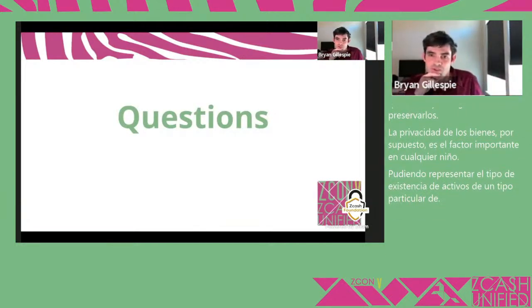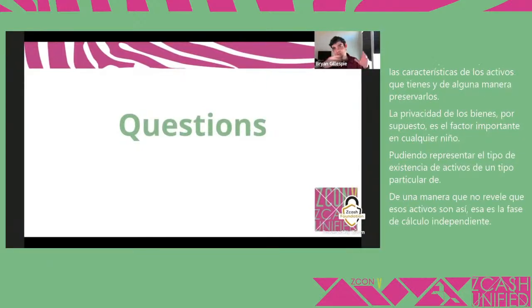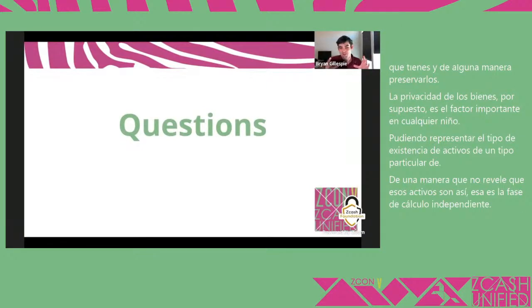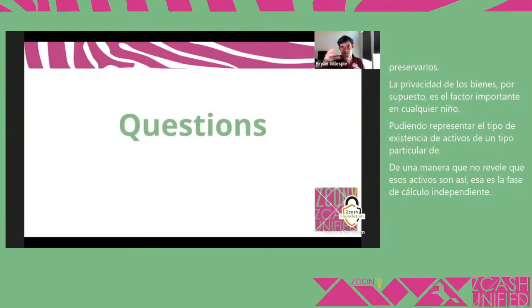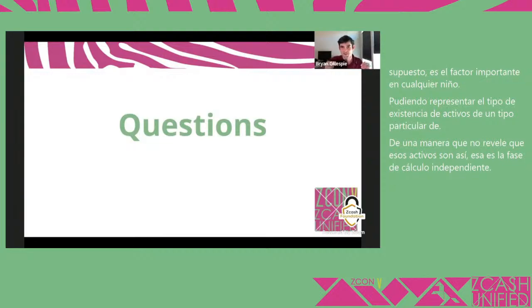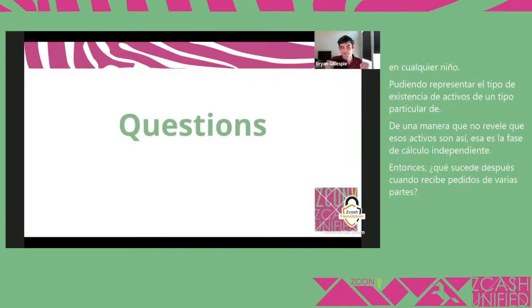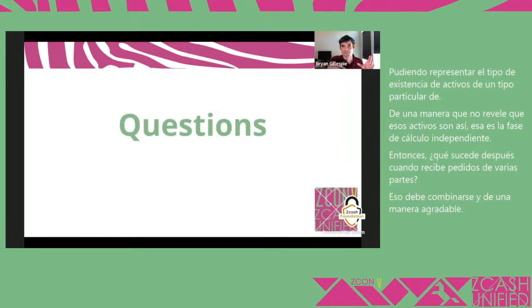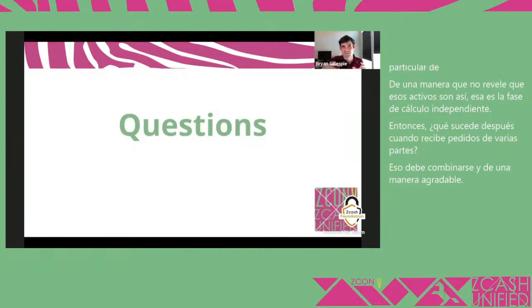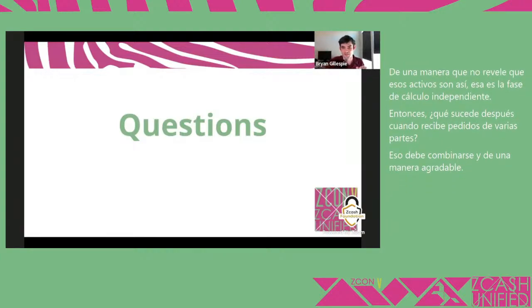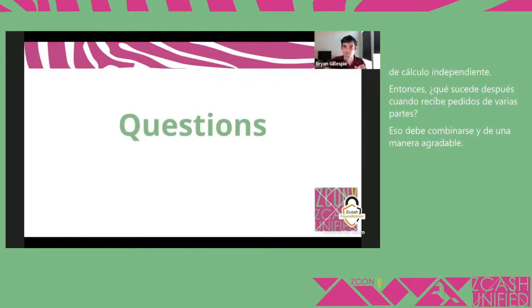So the mediated computation phase is then what happens after that, when you have orders from multiple parties that need to be matched together in a nice way that produces an output that is transactions that are actually finally decided upon, that satisfies everybody's requirements in terms of price.